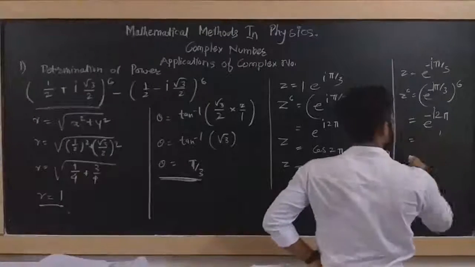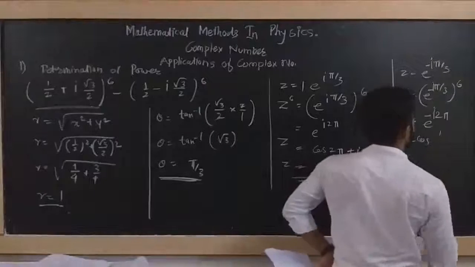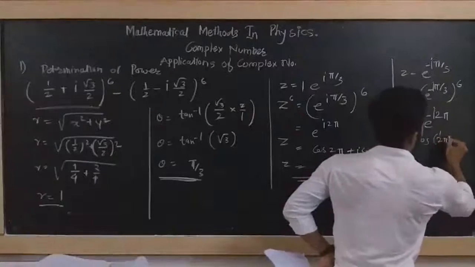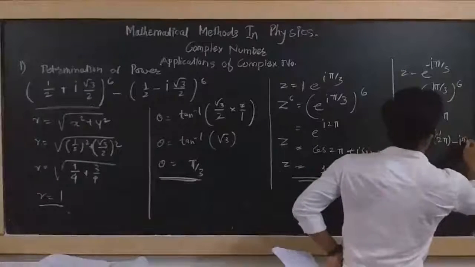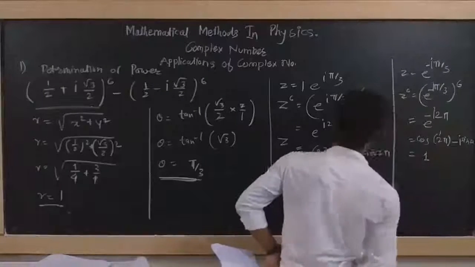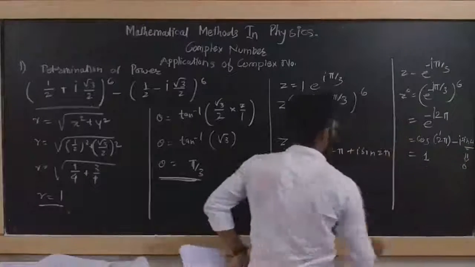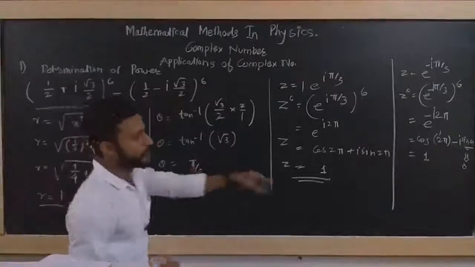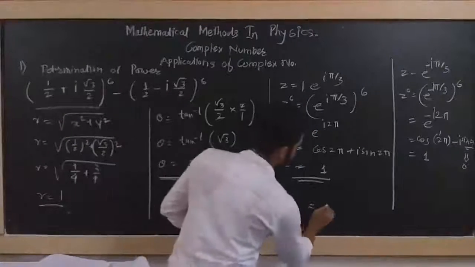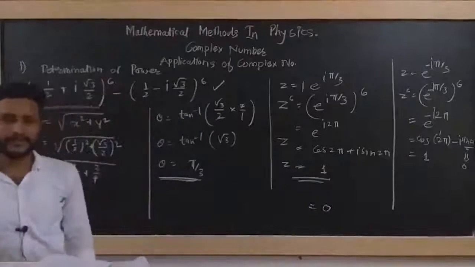If you use Euler's formula, you will get cos 2 pi minus i sin 2 pi. So cos 2 pi is 1 and sin 2 pi is 0. So this also has the value 1. So 1 minus 1, the answer is 0. I hope you are clear on it.